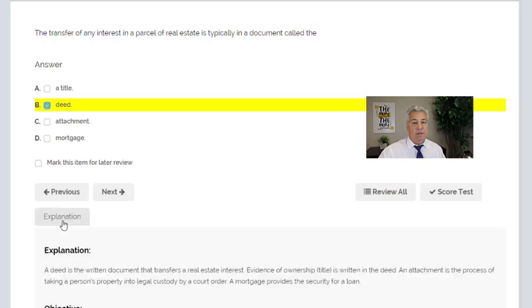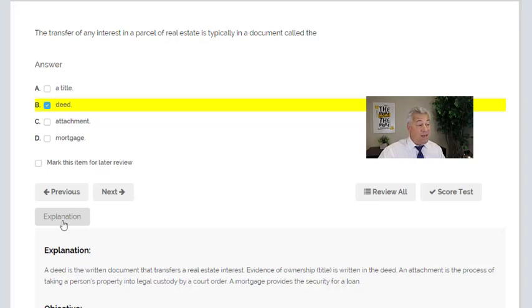And the answer is, at closing, the seller gives the buyer a deed. A deed is the written document that transfers a real estate interest. Evidence of ownership is written in the deed. An attachment is the process of taking a person's property into legal custody by the court. A mortgage provides the security for a loan.